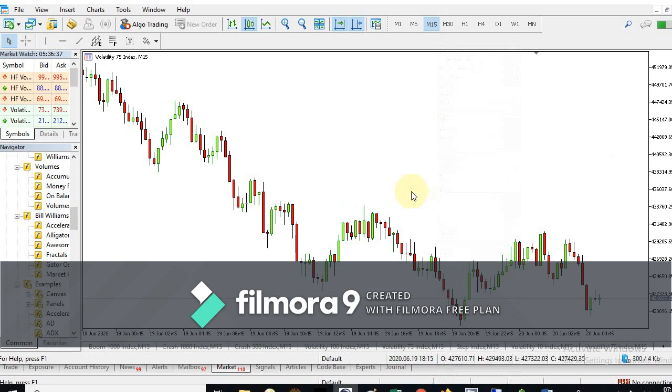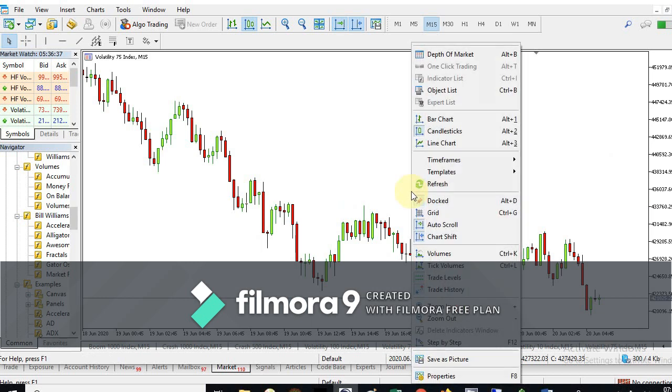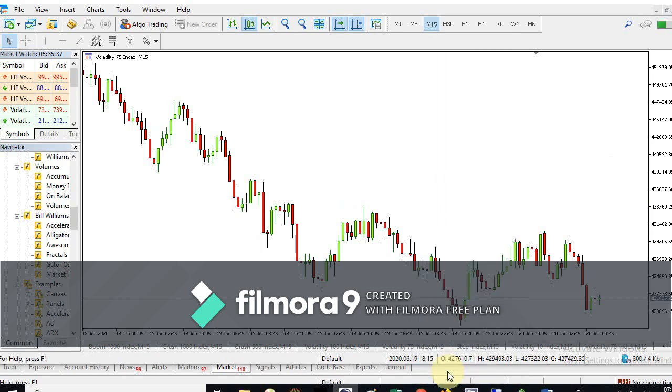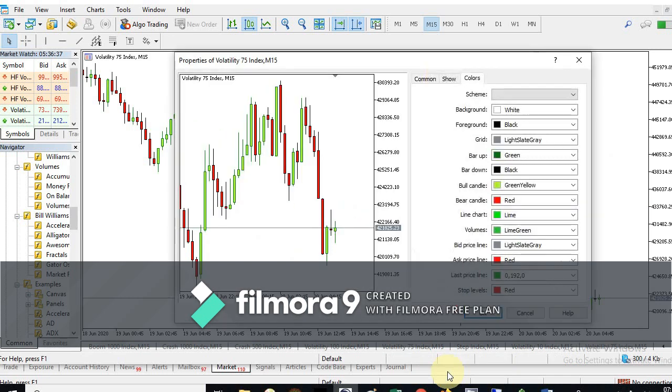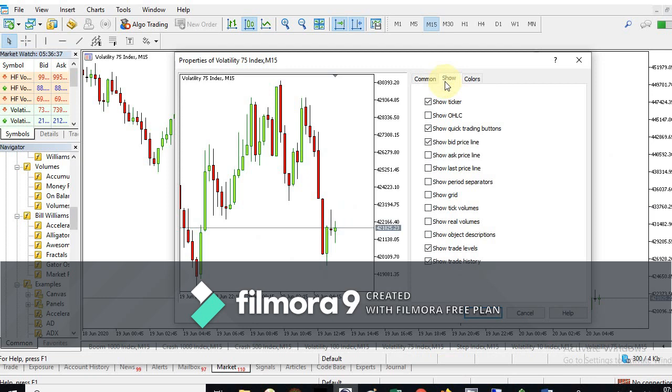We'll go to properties, then come to show. Here you have show period separators, so you click to activate it, and you have your period separator showing the daily period.